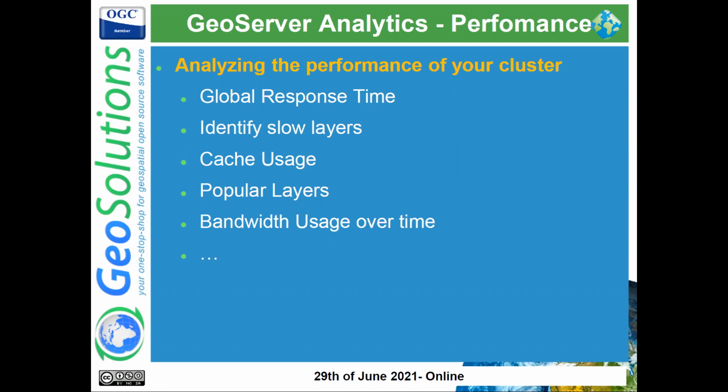So whether or not you're leveraging the cache, you get some statistics about cache hits and cache misses, for instance. Popular layers, so insights on what's popular in your system, what the users are actually looking at, what they're interested in. And bandwidth usage over time, that's another kind of metric available for you, and more.